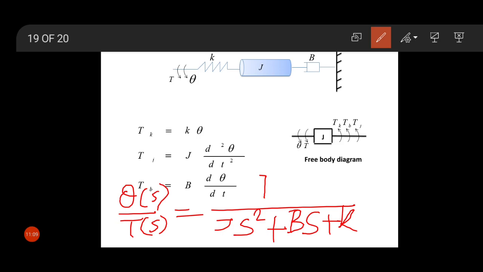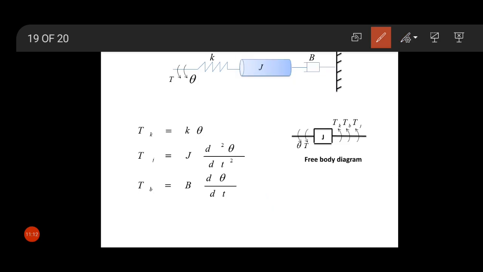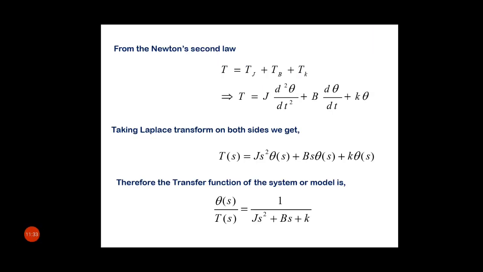Now you understand how to draw a free body diagram and derive the transfer function for these two types of mechanical system: one is the translational mechanical system, the second is the rotational mechanical system. Here I have also shown how to calculate the transfer function of this rotational mechanical system.